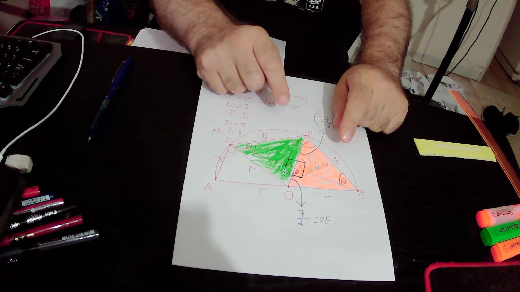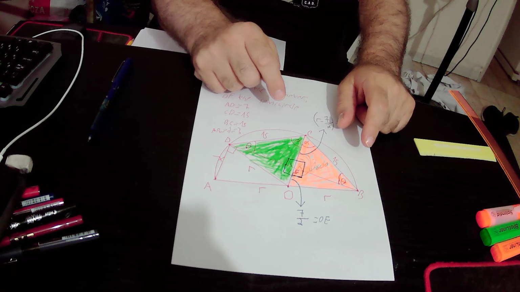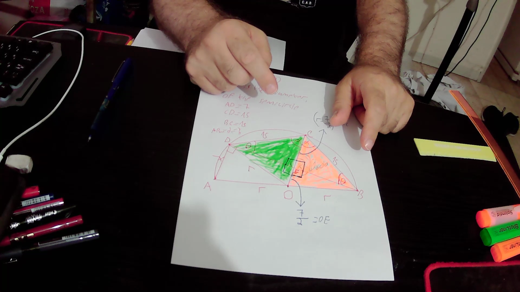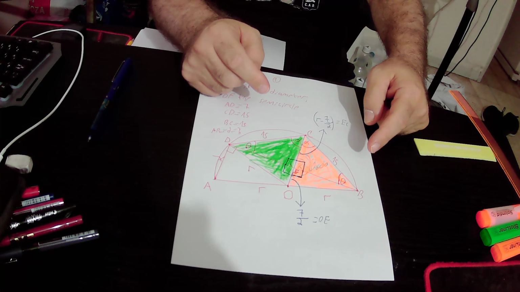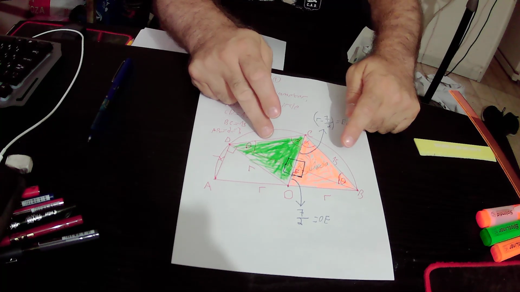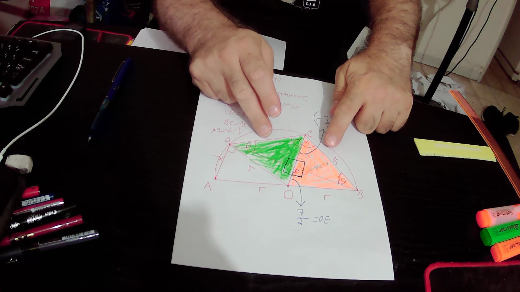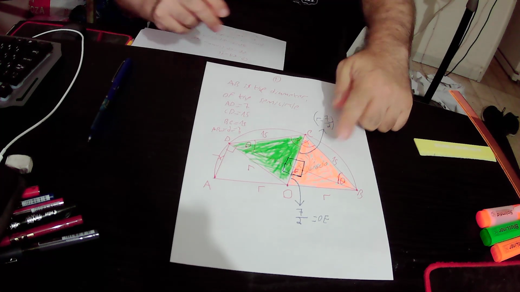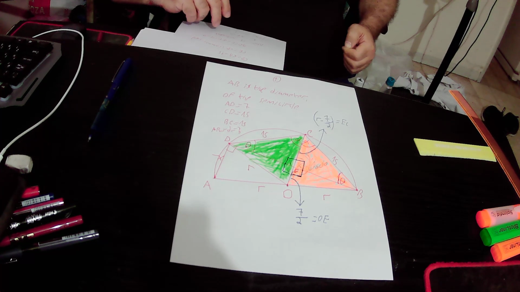So we actually proved that triangle DEC, the green triangle, is congruent to the orange triangle, triangle CEB, according to side angle side rule.